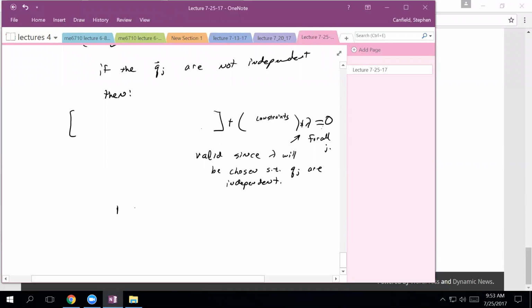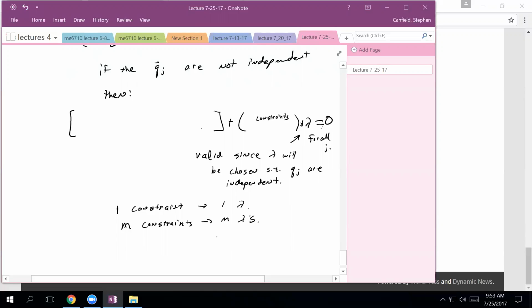If I have one constraint, I'll have one lambda. If I have multiple constraints, well, let me put it like this. For m constraints, I'll have m lambdas. So I get one lambda per constraint.